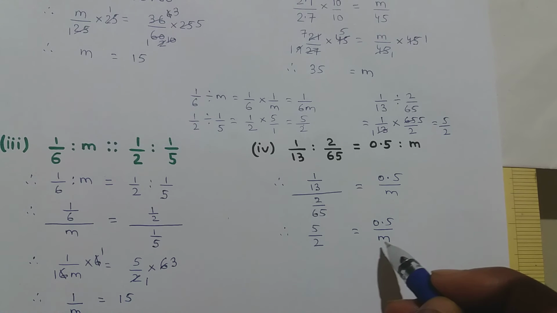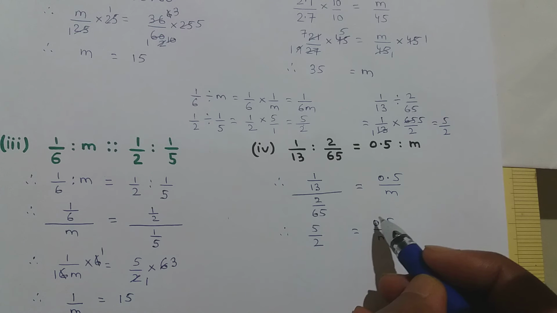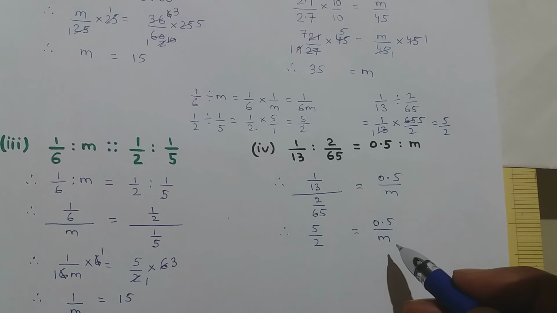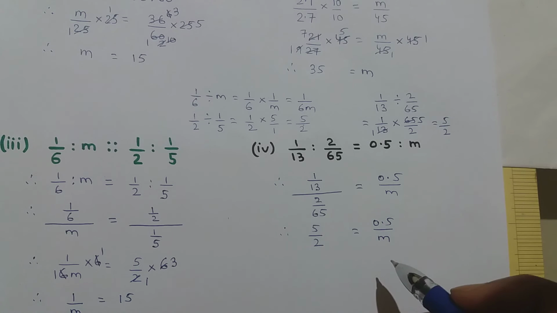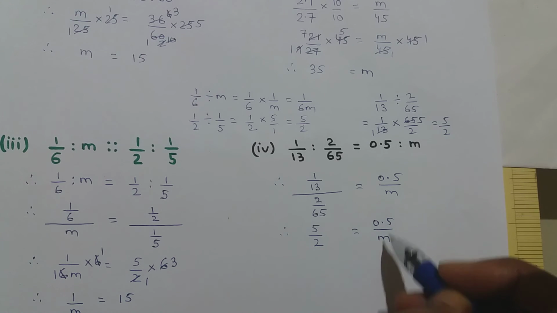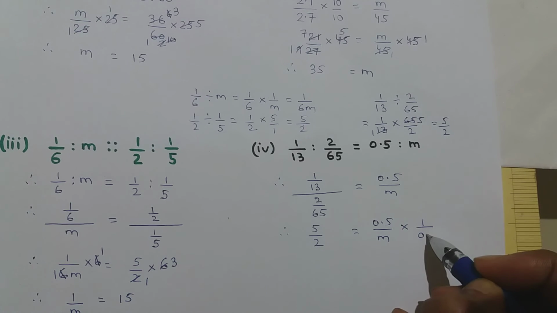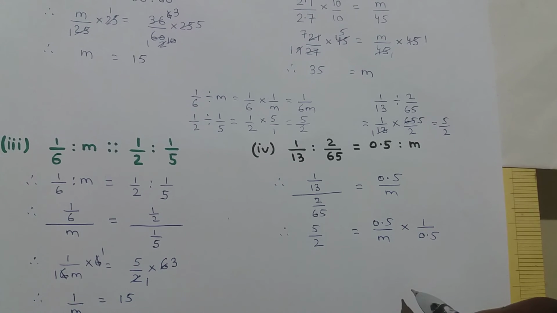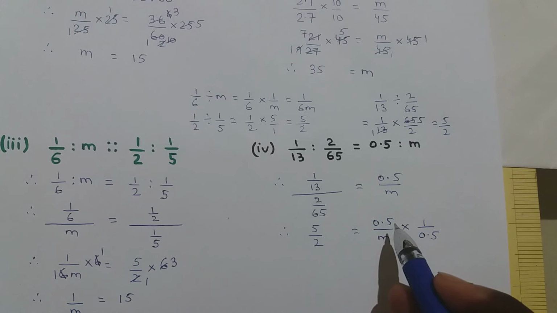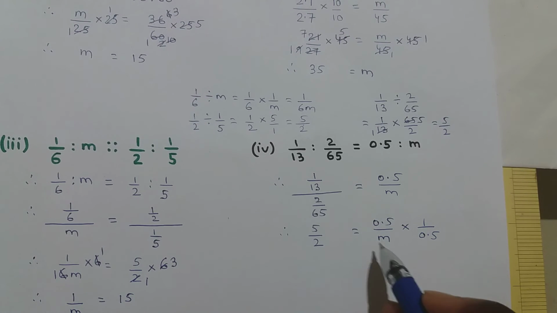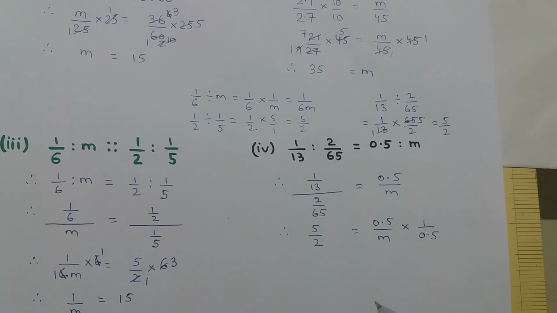So I will multiply 0.5 upon m with 1 upon 0.5.